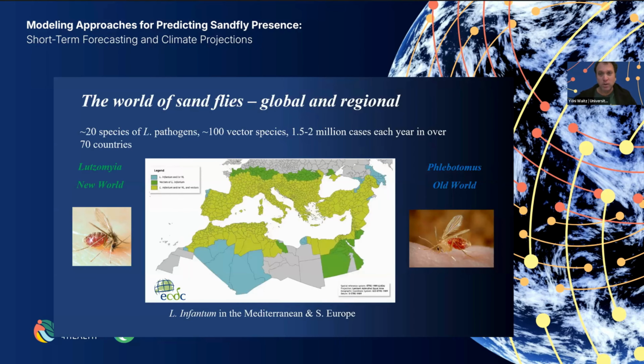And if we zoom in to our region of interest, which is the Mediterranean and Northern Europe, this map shows you the coverage, the extent of the sandflies that transmit one of the forms of Leishmania, which is Leishmania infantum, and the distribution of the species. And based on the expectations of climate change, it might climb northward.